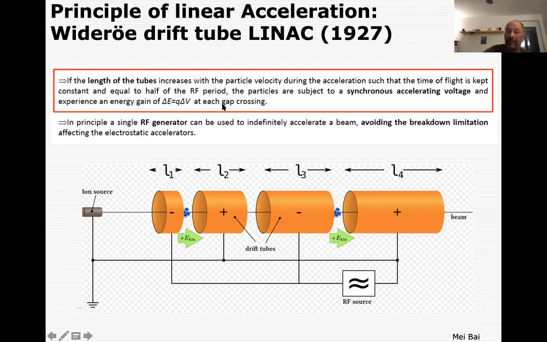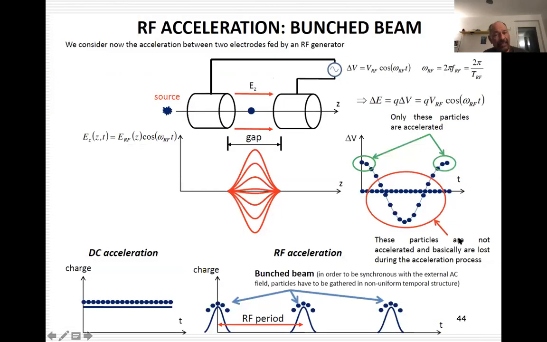So keep in mind, you have a radio frequency here, and you modulate the radio frequency in a way that the time of flight is constant. So with the constant frequency, you always accelerate the bunch of particles from one tube to another. Very simple, compact.